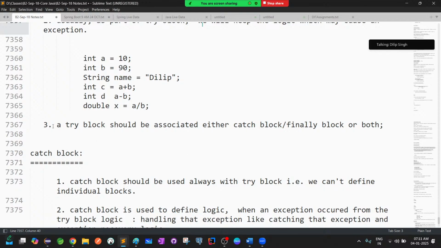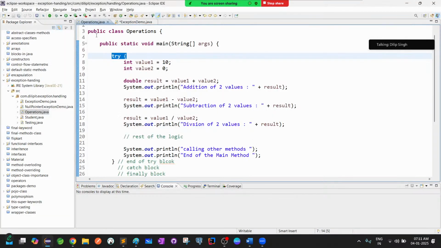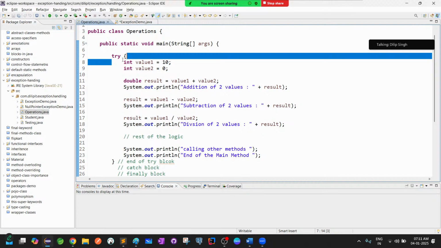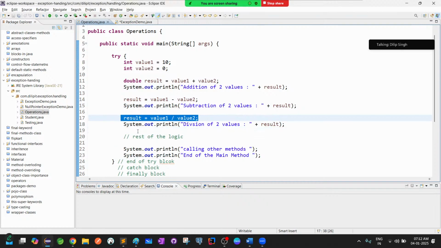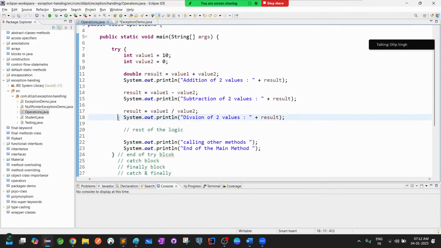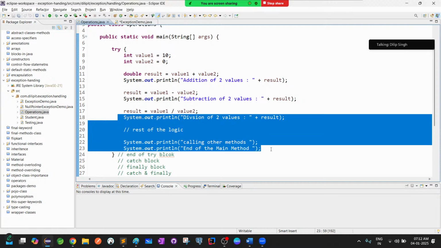After that, one more rule I said: the moment you write a try block, an individual try block is not possible in Java, because there is no point in writing an individual try block. For example, earlier without a try block, we wrote this logic and got an exception, and we could not handle it. That's why the JVM ignored the rest of the logic and terminated the process.